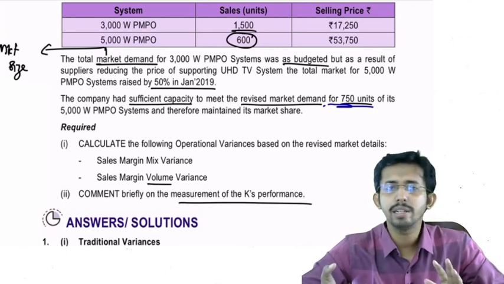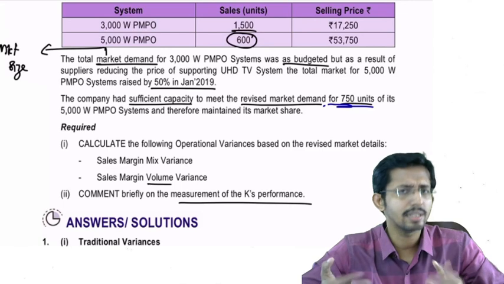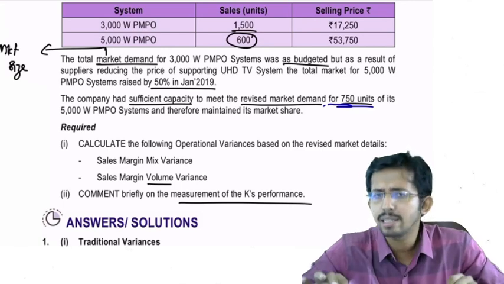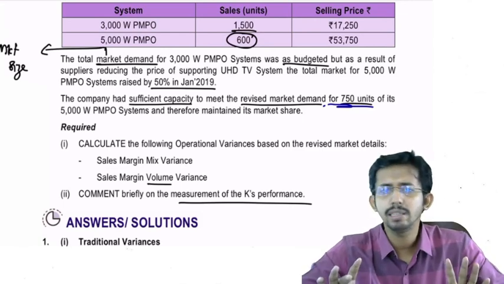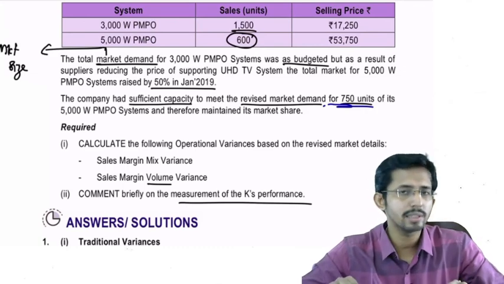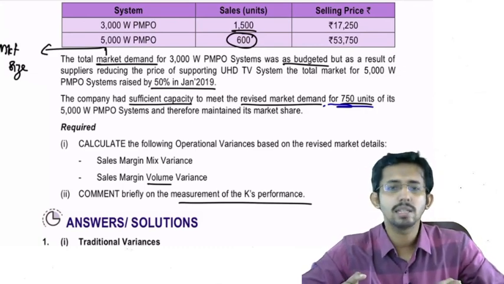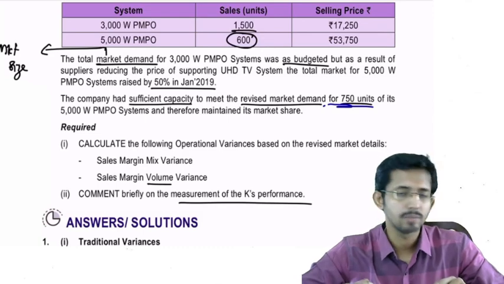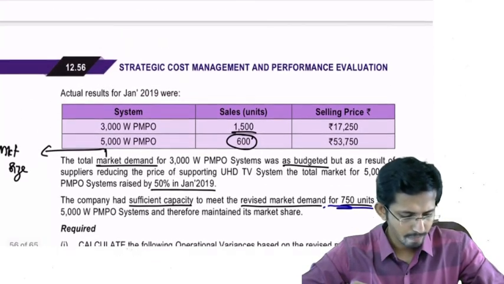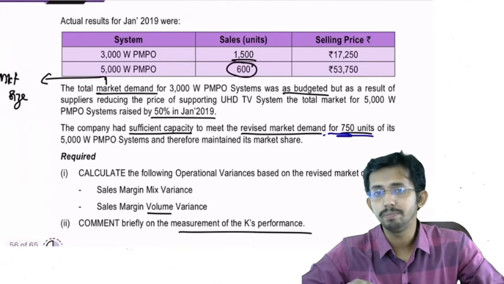There are some 19-20 case studies. We will be doing each and every case study, and I will be giving you the lectures on that. You can practice those case studies. Then we will go to the RTPs and the solved question papers. So with this question, chapter 12 is over, right?